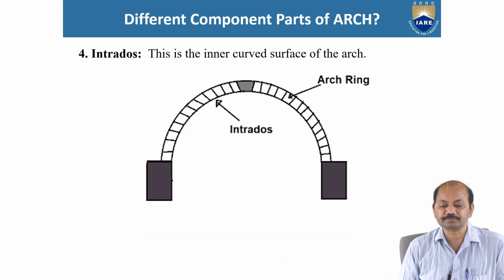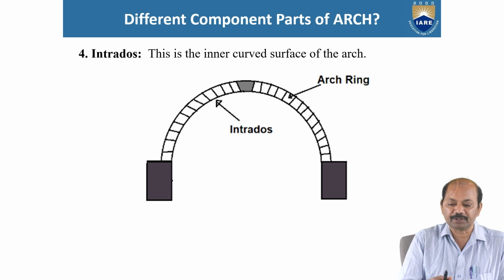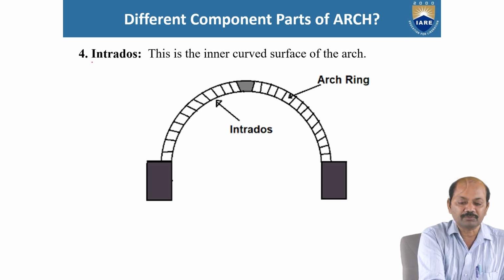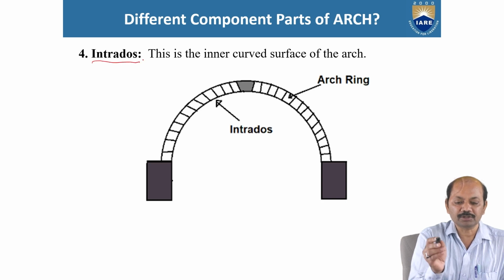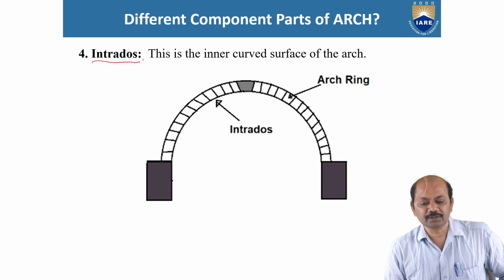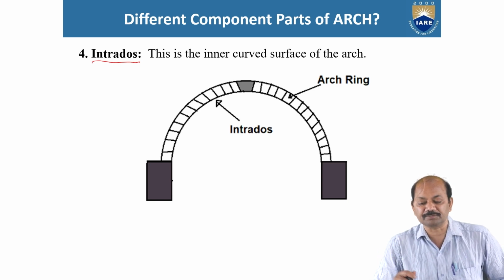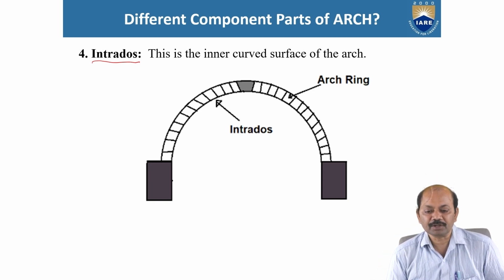Now, one more part. Usually we ignore this, but it is very important. Intrados. Intrados means the inner curved surface of the arch.